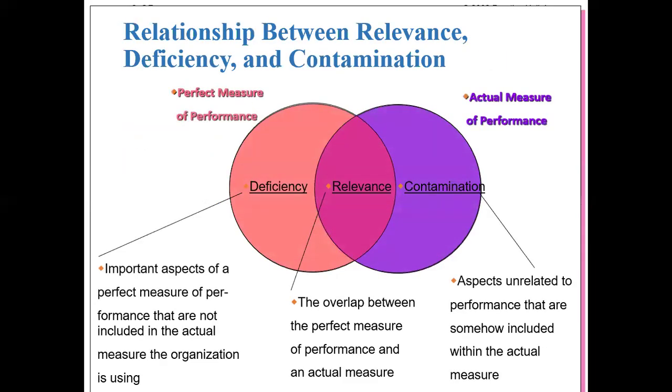Now, relationship between relevance, deficiency, and contamination. So it is important, the deficiency has to do with areas that you are appraising or aspects of the system that is perfect, and you are measuring it.